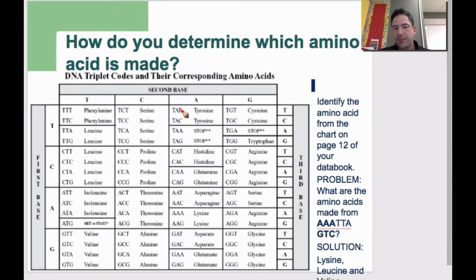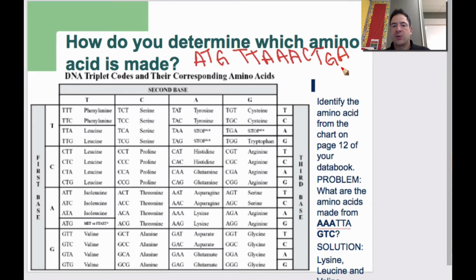Let's say I give you this code: ATG, then TTA, then AAC, and then TGA.